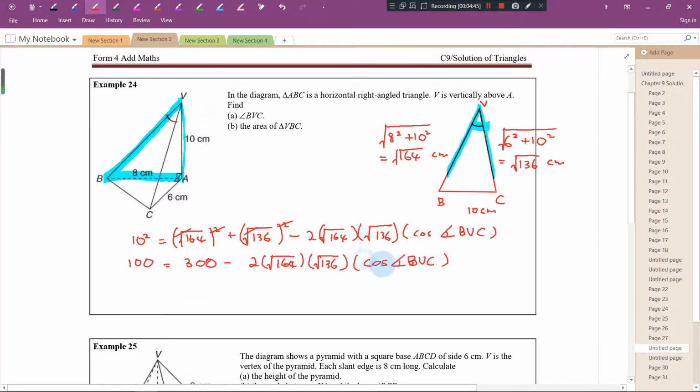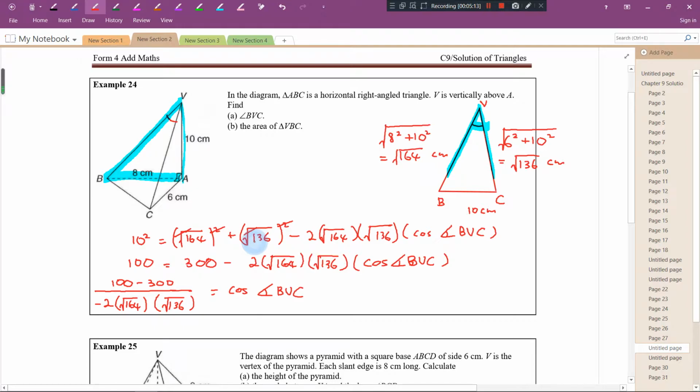Okay, so if I want to get this angle, the rest of this I want to move over here, minus 300, and then divided by this whole thing. And remember to write the negative. So this is equal to cosine angle BVC.